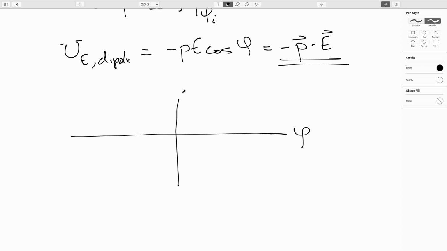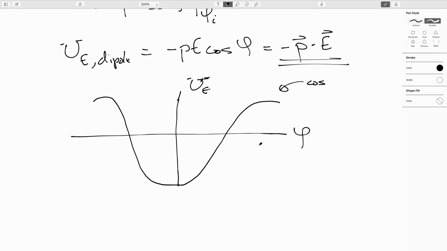So if I plot the potential energy as a function of phi, it's a negative cosine wave, right? It's going to look something like that. Well, this is a cosine wave, and you know it is because I said it was. I labeled it.